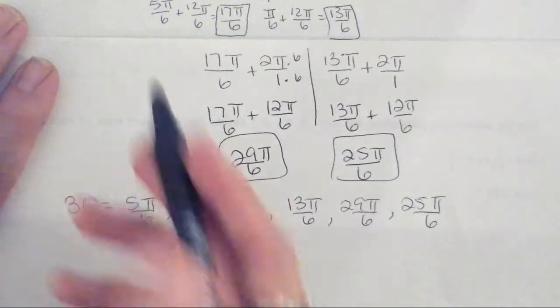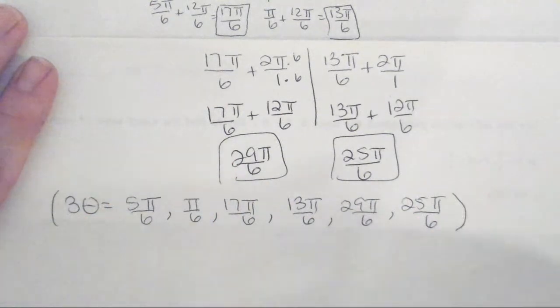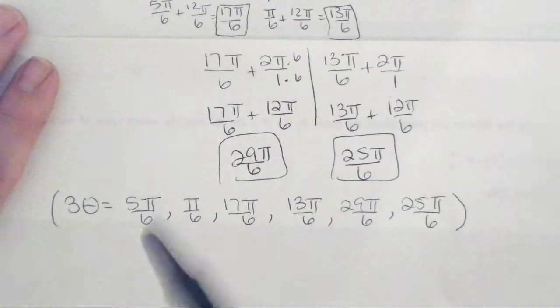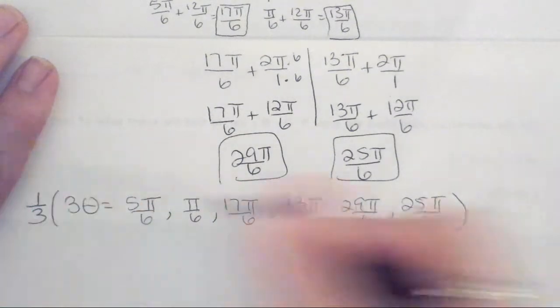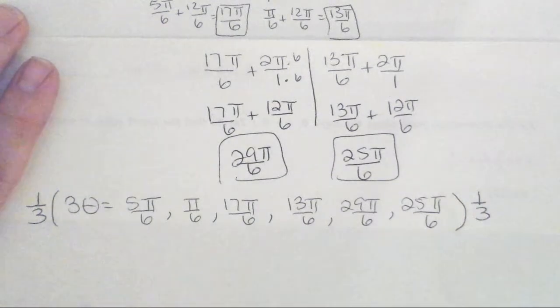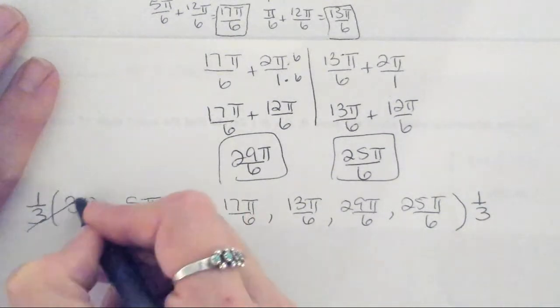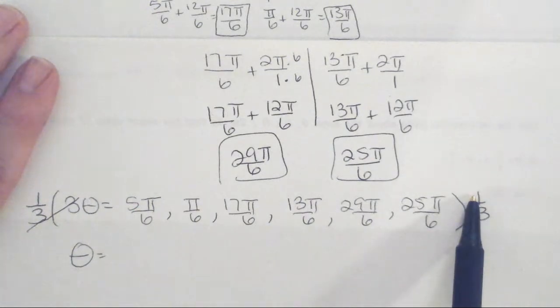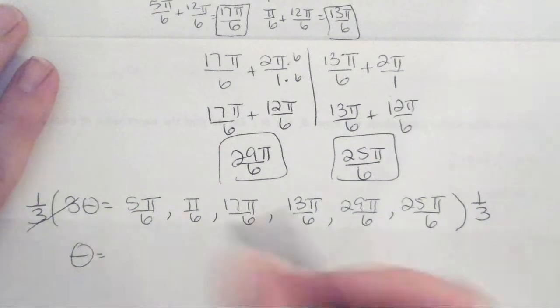And I don't want 3 theta, I want 1 theta. So what we talked about in class is whatever number is right here in front, I'm going to multiply by its reciprocal so that it changes to a 1. So 1/3 times 3 is going to give me theta. I'm going to multiply all the tops by 1 and all the bottoms by 3.